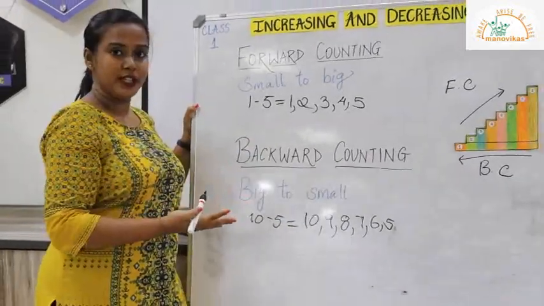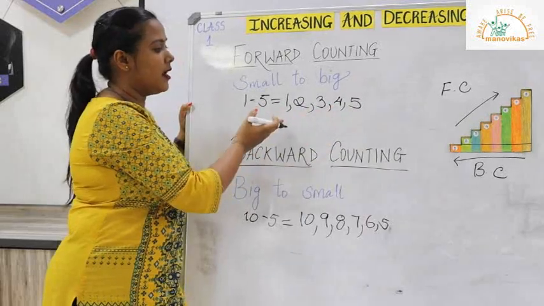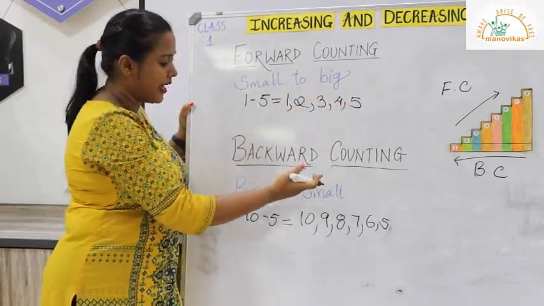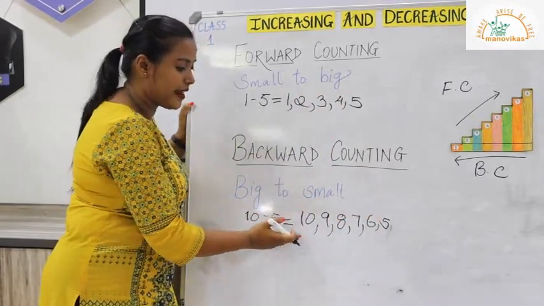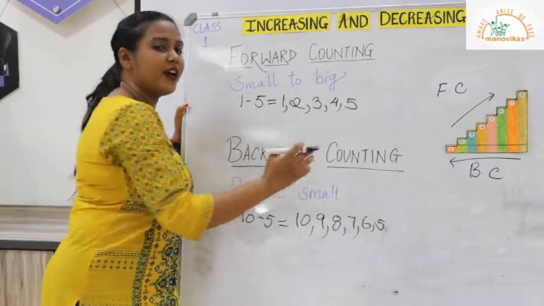So here, as you can see, students, the numbers that we are writing are in a sequence. Like 1, 2, 3, 4 and 5. It is in a sequence. And in backward counting also, you are writing it in a sequence. It is 10, 9, 8, 7, 6 and 5.